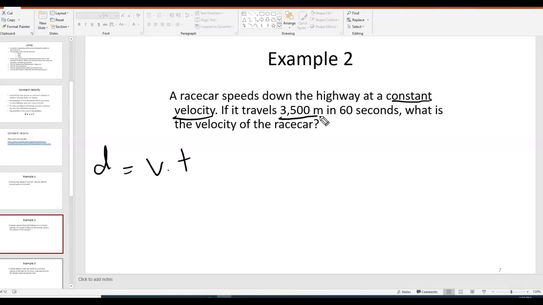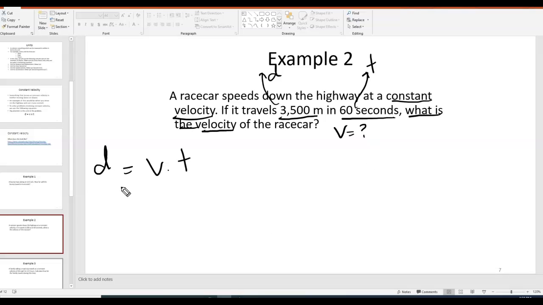I know meters is the unit for distance, so I'm going to label that with a d. 60 seconds, based off the unit, I know that is my time, so I label that with a t. And I'm looking for the velocity. The question is saying, what is the velocity? And so my unknown is going to be v.